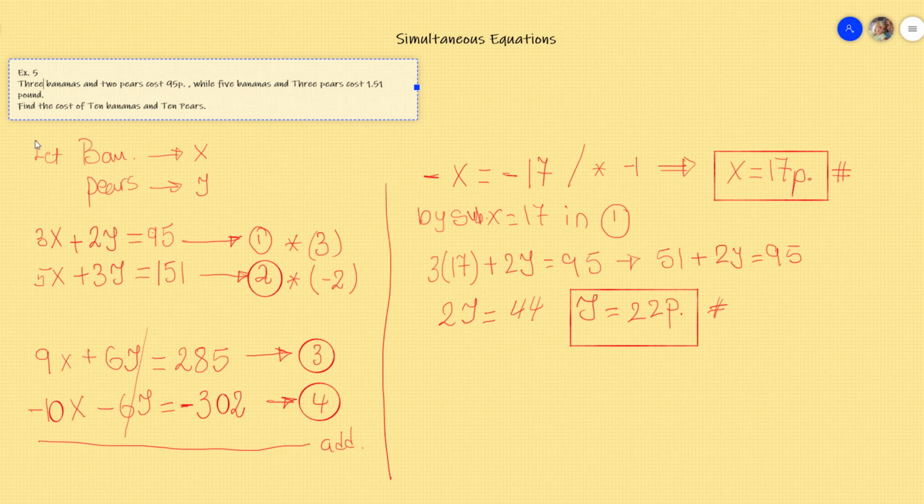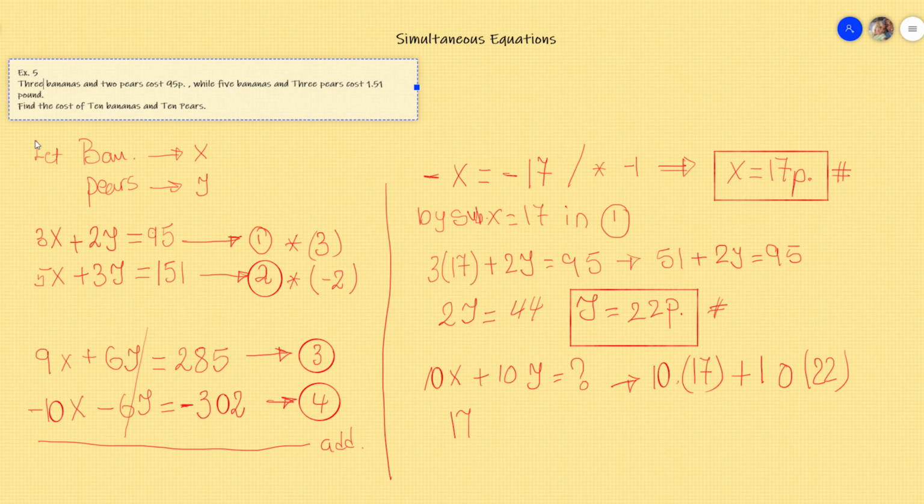But he asked for the cost of 10 bananas and 10 pears, so he needs us to find what 10x plus 10y equals. So it's 10 times 17 plus 10 times 22.